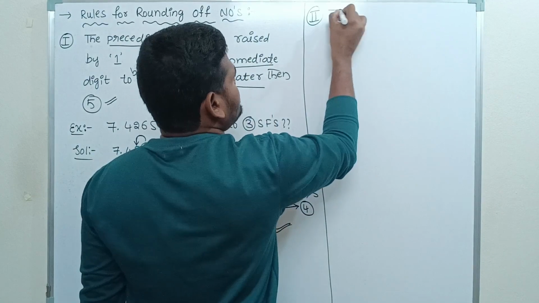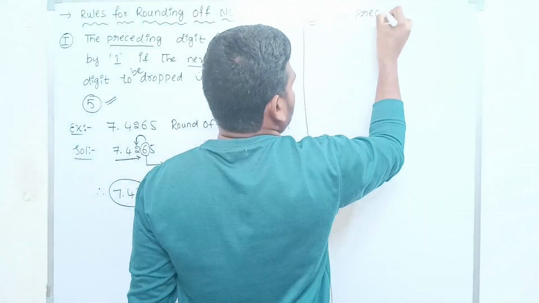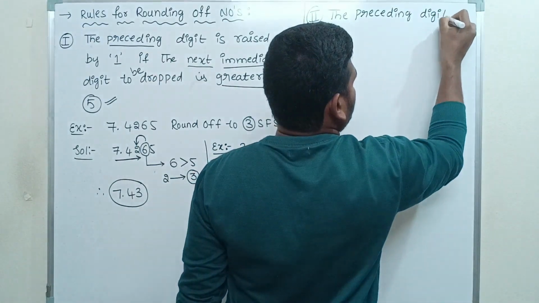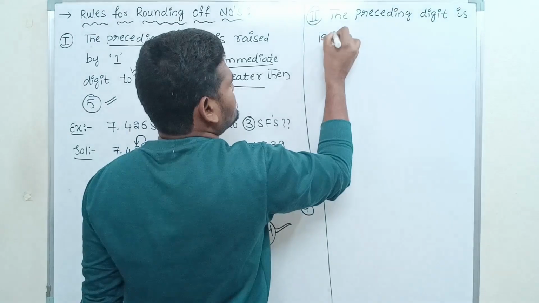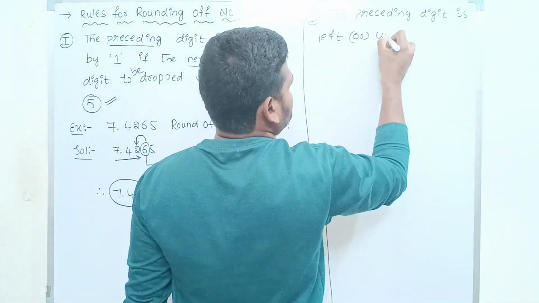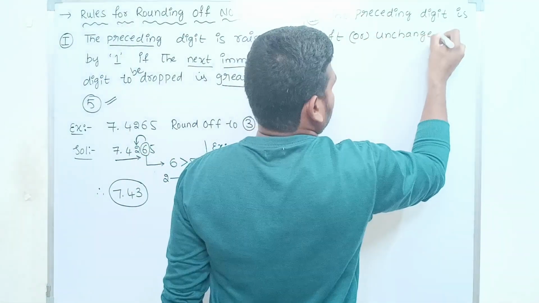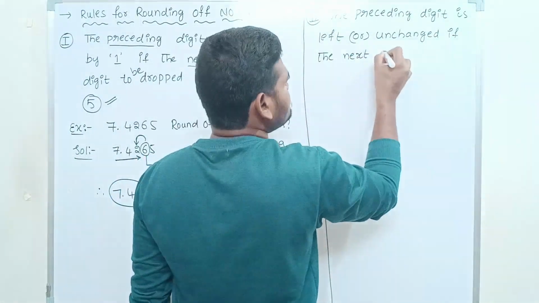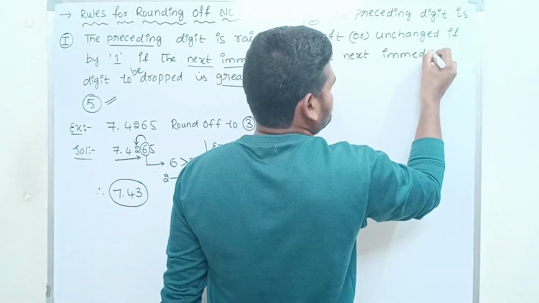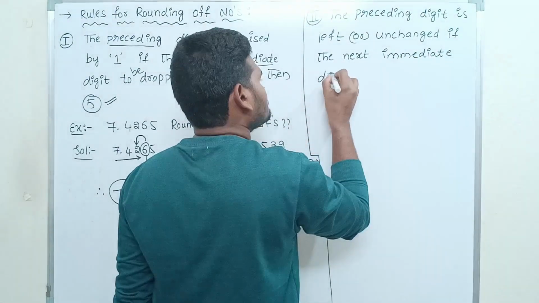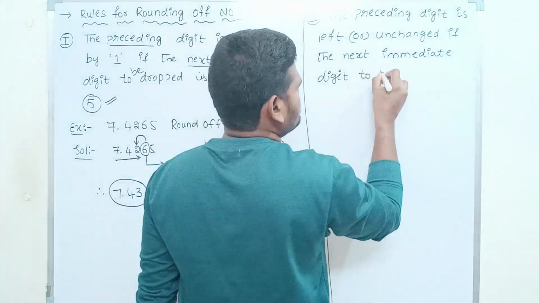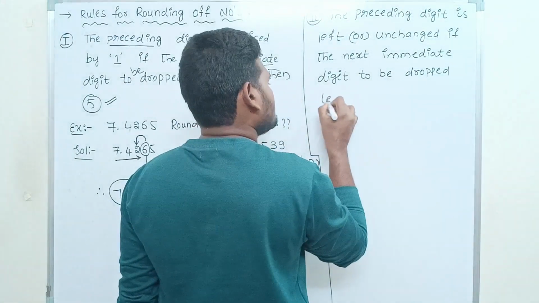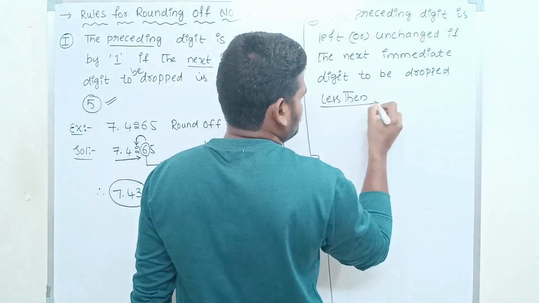Right. So rule number 2. The preceding digit is left unchanged if the next immediate digit to be dropped is less than 5.